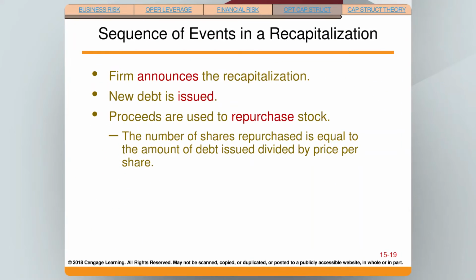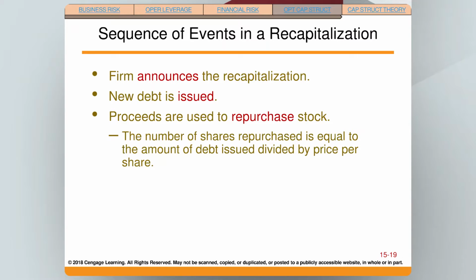So, sequence of the events in recapitalization. We are now with recapitalization. The firm announces its recapitalization. Hindi ibig sabihin, palugi na, ha? Recapitalize lang. Pwedeng tumaas, pwedeng bumaba. New debt is issued, so we will issue a debt.